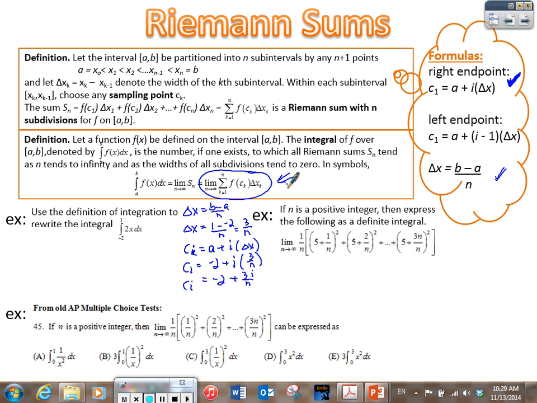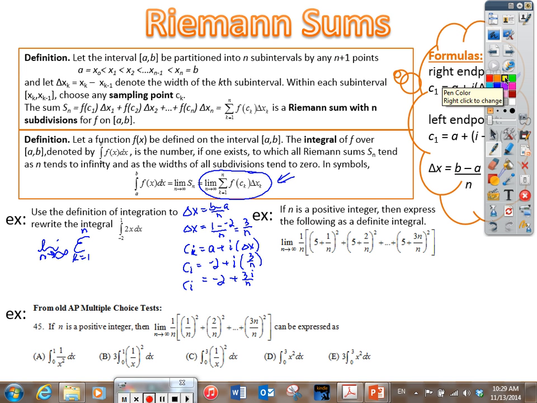So we're going to have the limit as n goes to infinity of the summation as k starts at 1 and goes to n of f of this. So hopefully we're familiar with function notation. F of this, that means I take this and I place it inside of the function, right?